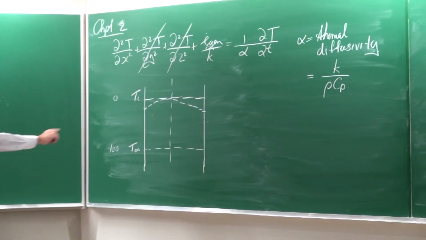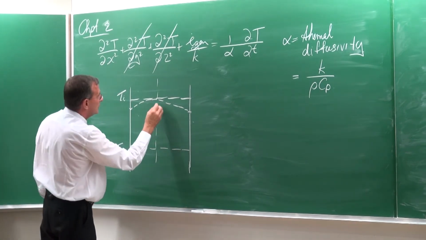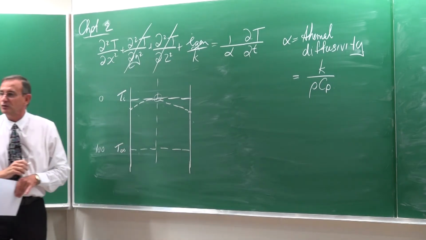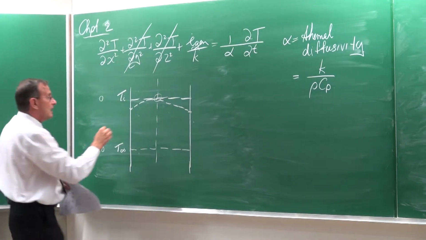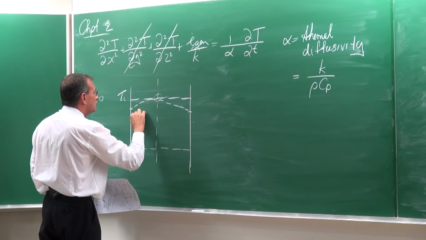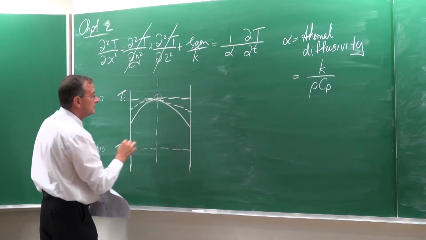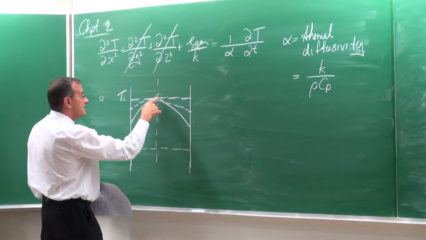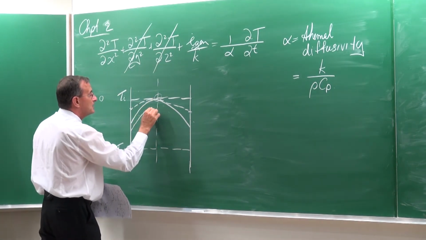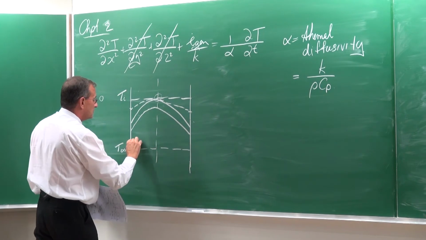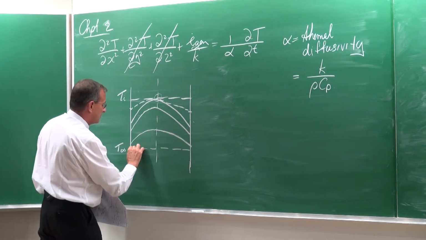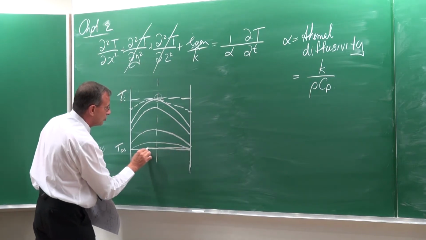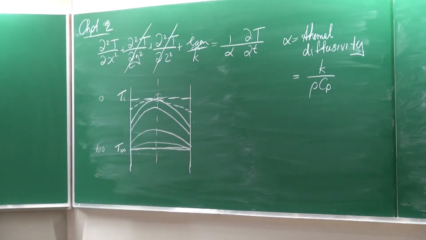So my curve is not that good, but it should be symmetrical, and that gradient there should be equal to 0. And then a few seconds later, it will do something like that. Do you agree? And then later on, this temperature in the center is going to start decreasing. You're going to start getting something like that. Until a very, very long time, then the temperature right through the body would be T infinity, that of the outside temperature.